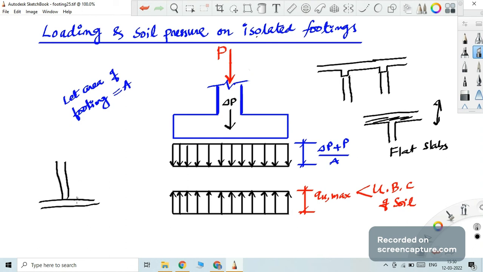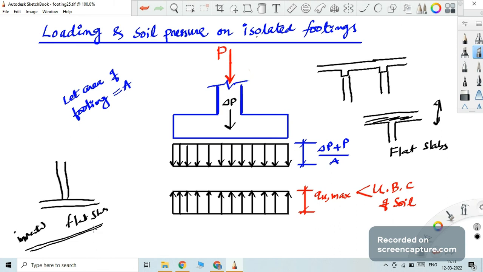So this is just an upside down flat slab, or an inverted flat slab. Rectangular isolated footings with uniform thickness can be treated as an isolated flat slab. So IS 456 provides for design of isolated flat slabs.